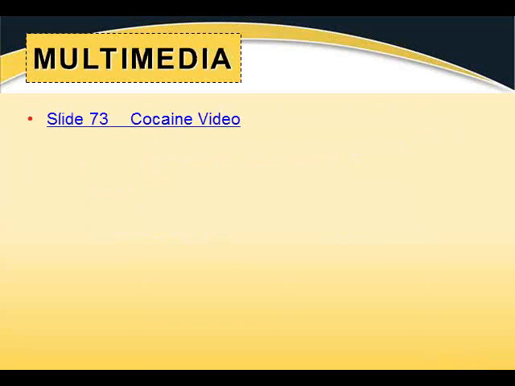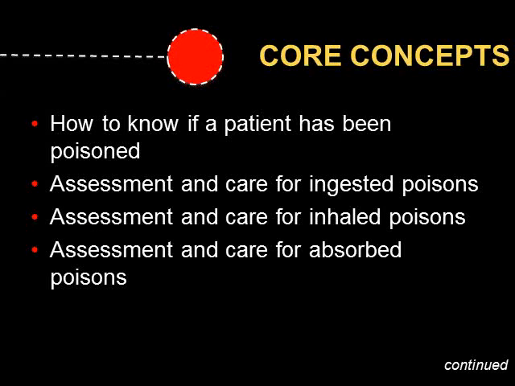But in reality, a lot of what we see happen to the patient, the toxidromes and the toxicological effects that we see are very similar regardless of the way that the poison gets into the body. There are a few minute differences in the way we treat patients with different routes of poisoning and overdose, but for the most part the four types really are very similar to each other. There's a multimedia video on cocaine overdose.